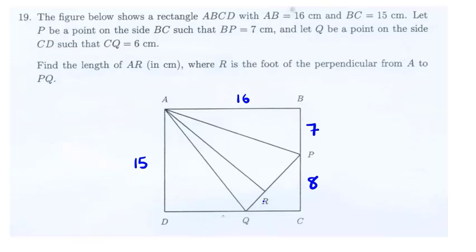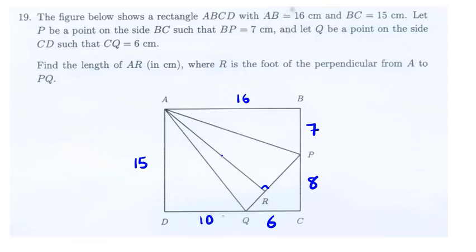And let Q be a point on side CD such that CQ is 6, so DQ will be 10. Find the length of AR in centimeters, where R is the foot of the perpendicular from A to PQ.